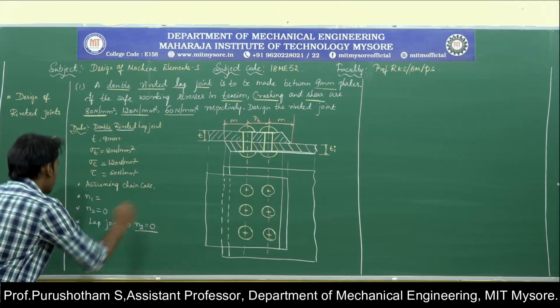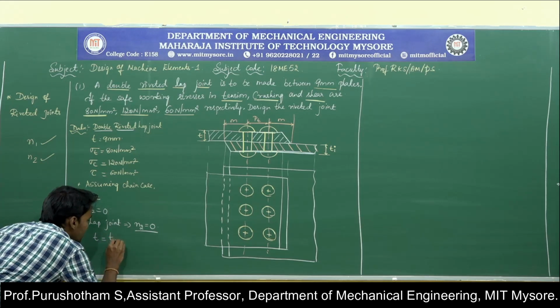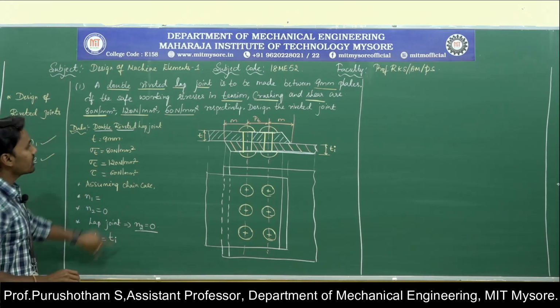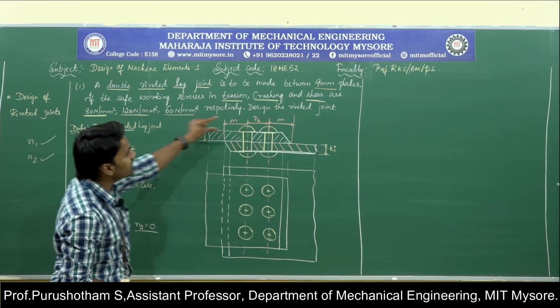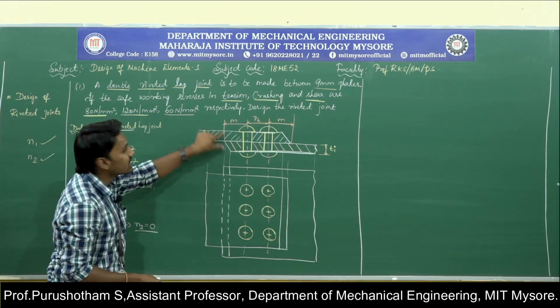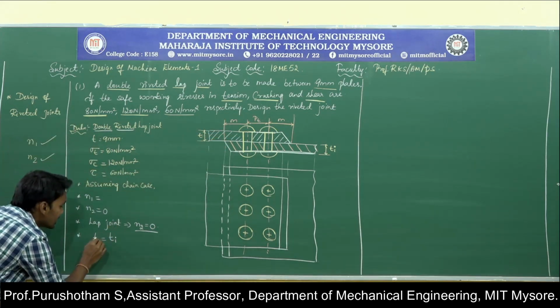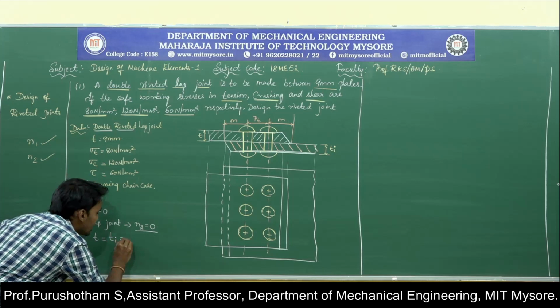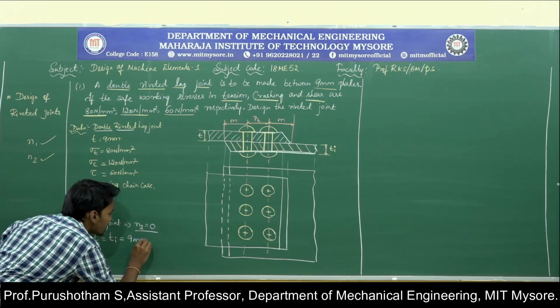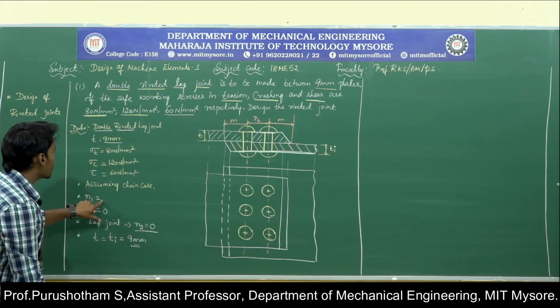As I also told, in a lap joint the thickness of the main plate is equal to the thickness of the inner plate. This is the thickness of the main plate, and this is the thickness of the inner plate. In a lap joint both plates are main plates, hence T equals Ti, which is equal to 9 millimeter.